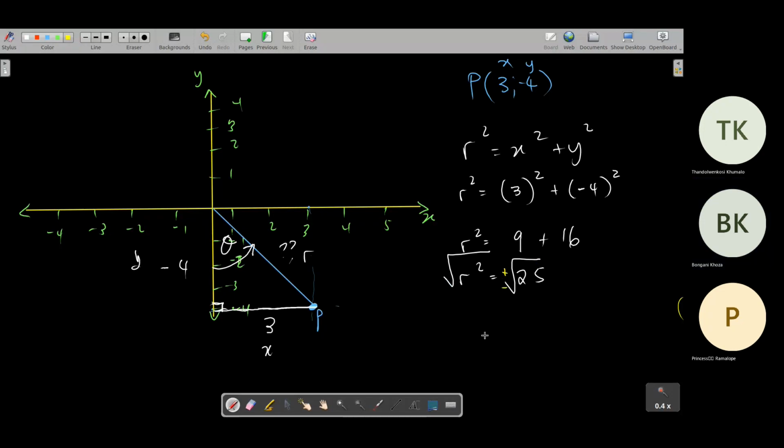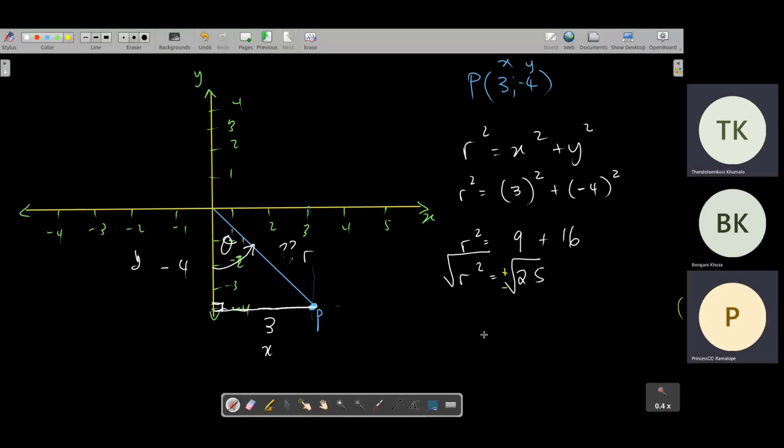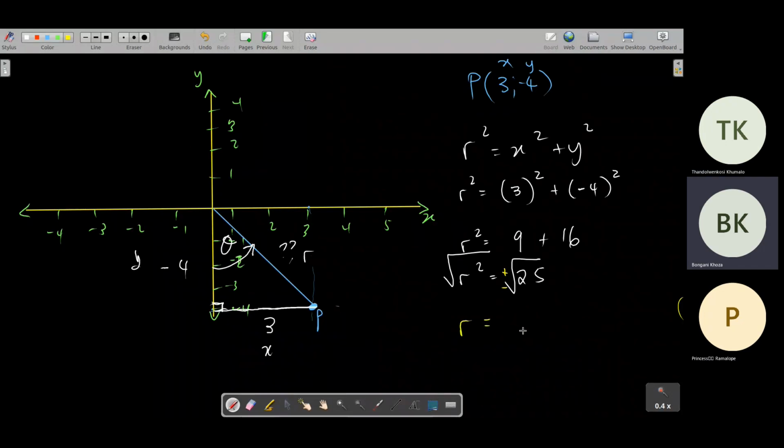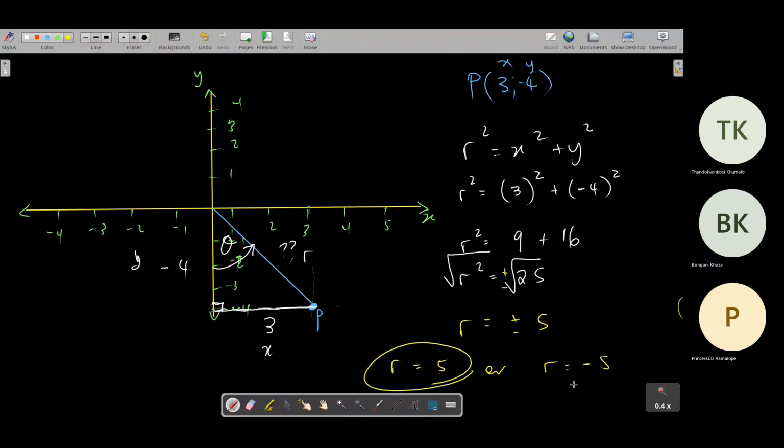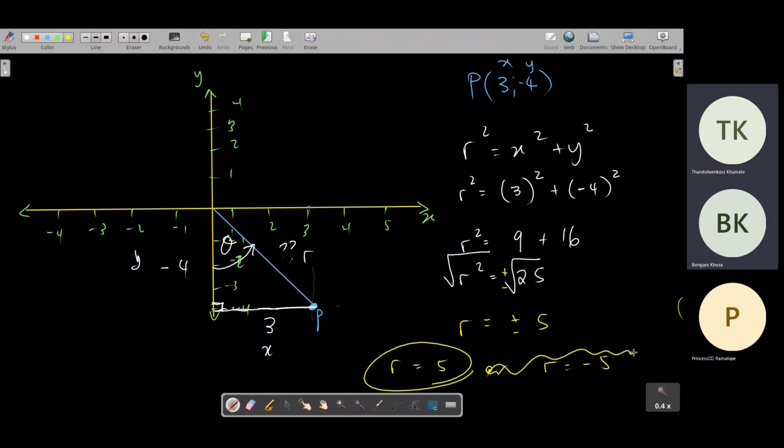Remember that. So our r is now plus minus 5. So the plus minus is telling us r can be 5 or r can be negative 5. But since this is r, we always use the positive value of it. So we don't need this part.